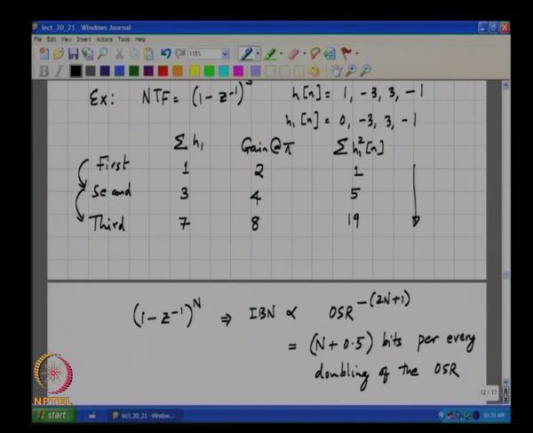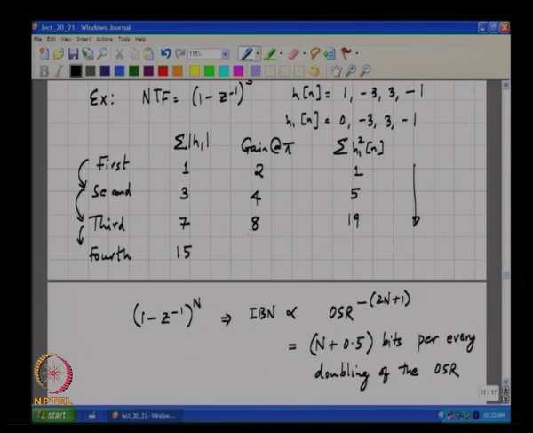So, you can only imagine what happens when you make a fourth order modulator. What is sigma h1 for a fourth order case? 14641, you remove the 1. So, it is 15, all right.